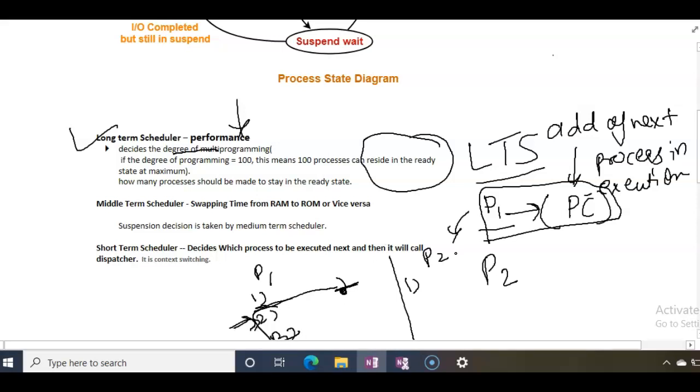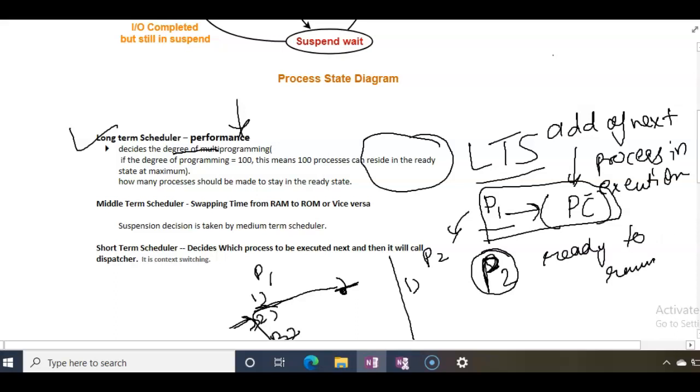So the dispatcher saves the state of the current process, and the dispatcher reloads the state of the next process that is going from ready to running state.